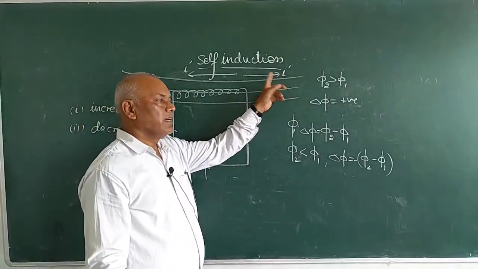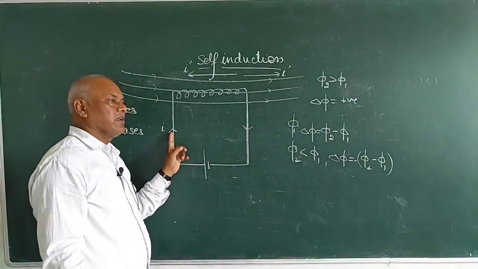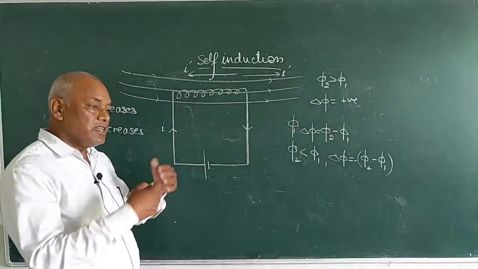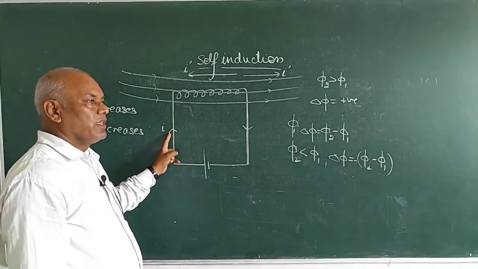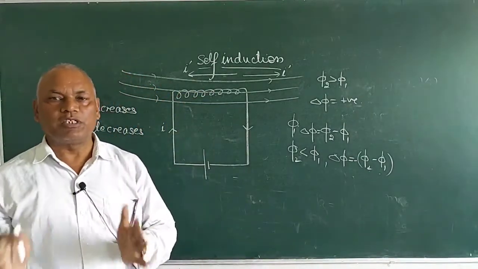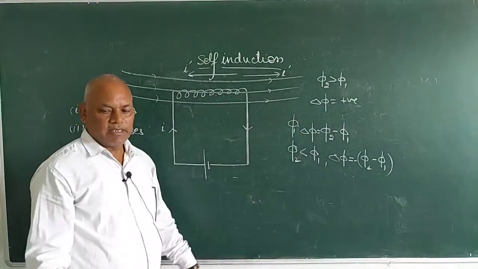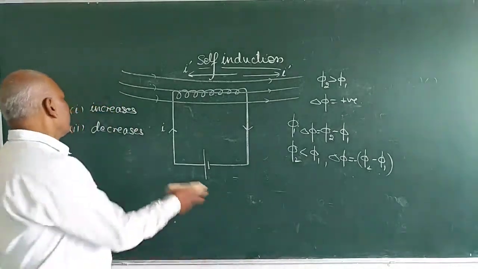Now here the direction of this induced current will be in the direction of the main current, so that it may increase its value. So in this way, we have seen that the induced current, when produced in the coil, will always oppose the reason by which it is produced.